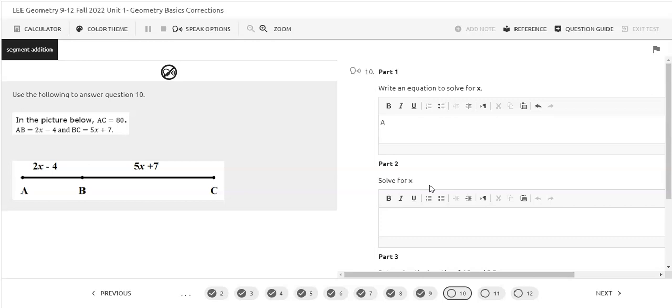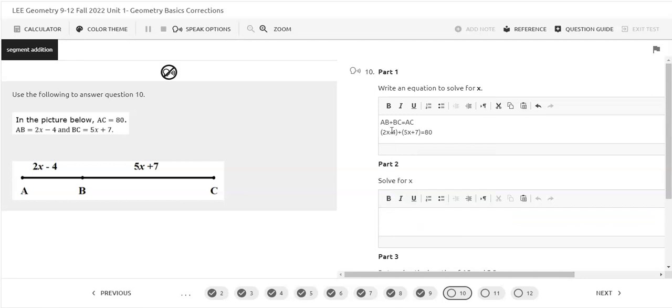The accepted answers were AB plus BC is equal to AC, or 2x minus 4 plus 5x plus 7 is equal to 80. And again, I'm going to use that equation to solve for x. Okay, so I guess I'm not allowed to do that.